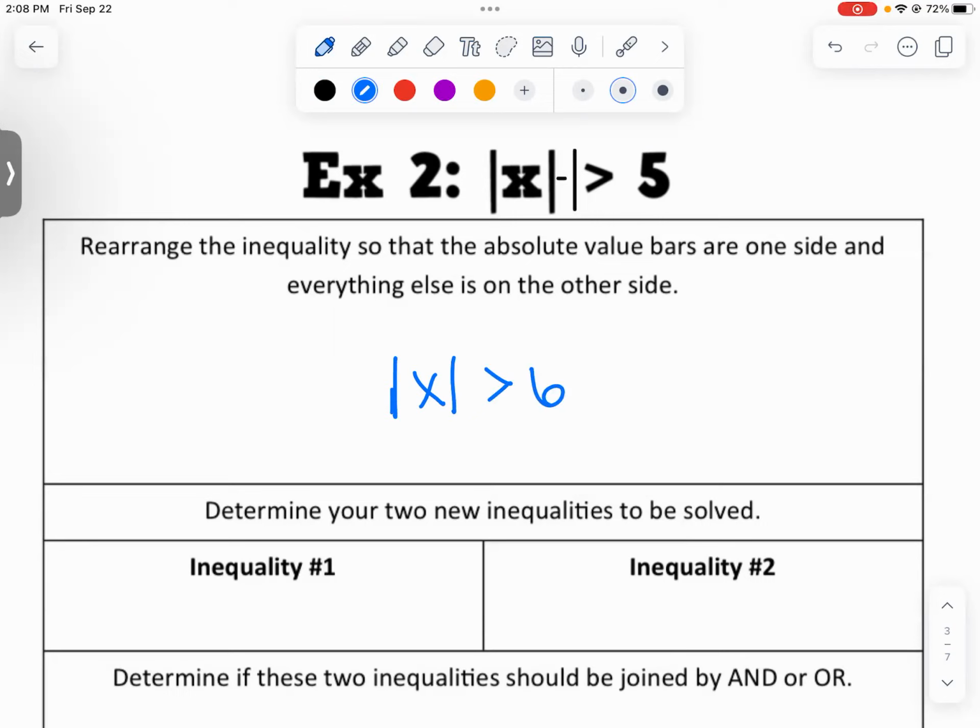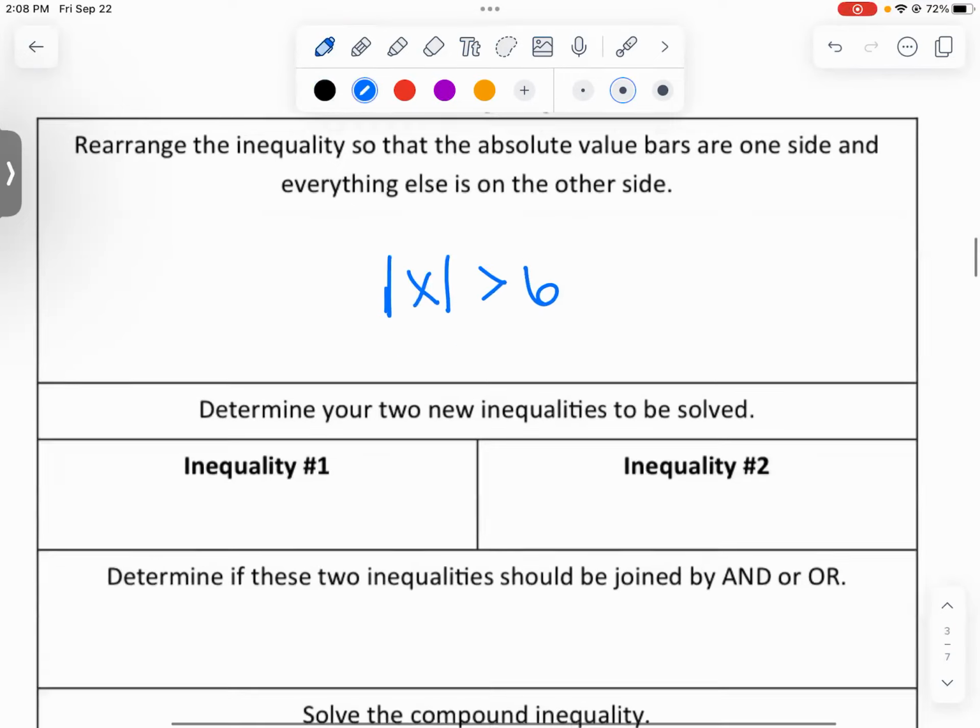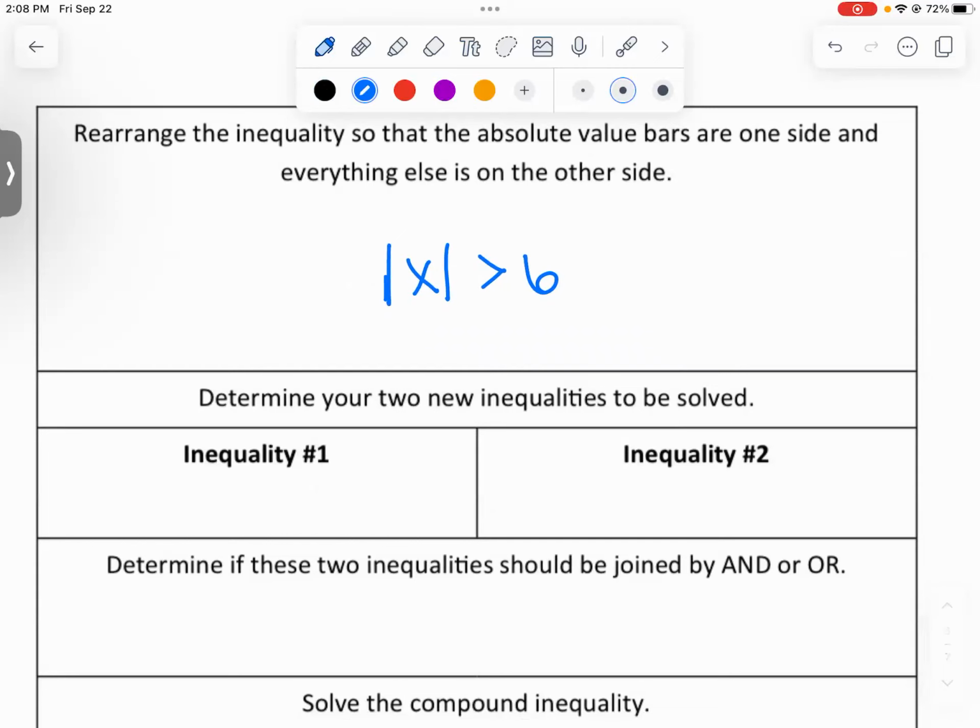Okay. So our 2 inequalities, Noah, we're going to take the absolute value off. X is greater than 6. Then we're going to write X is, flip the sign, less than negative 6. Okay. And we decided this was an or statement.